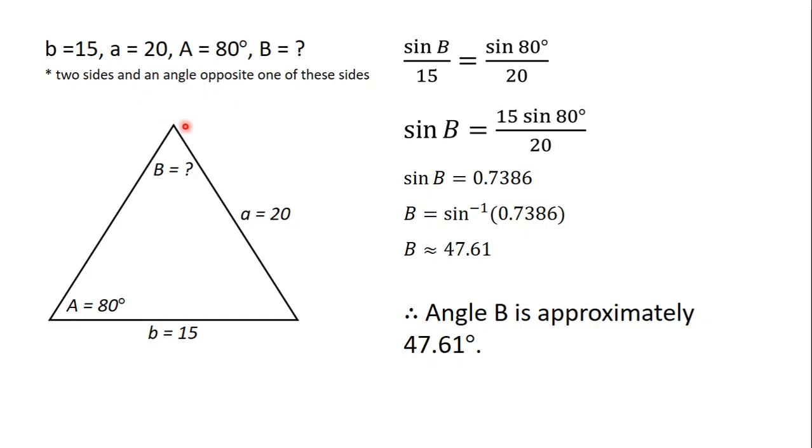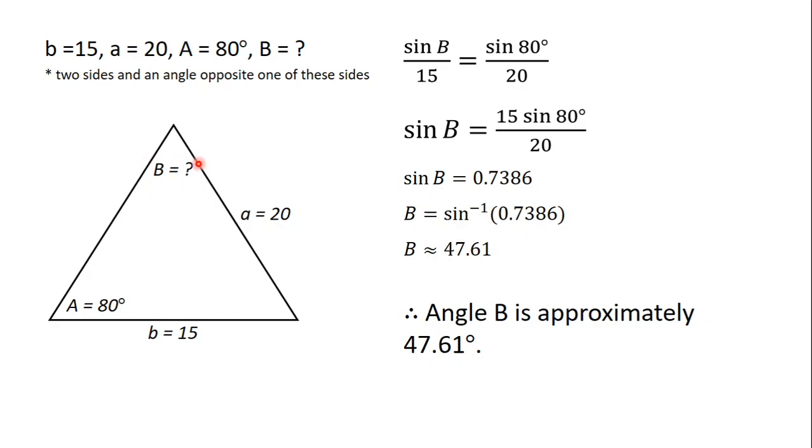If we illustrate that, this will be the resulting triangle. Side a is here. The opposite angle, which measures 80 degrees, is here. Side b is here, and its opposite angle B is here. And we're going to solve for the measurement of that angle.